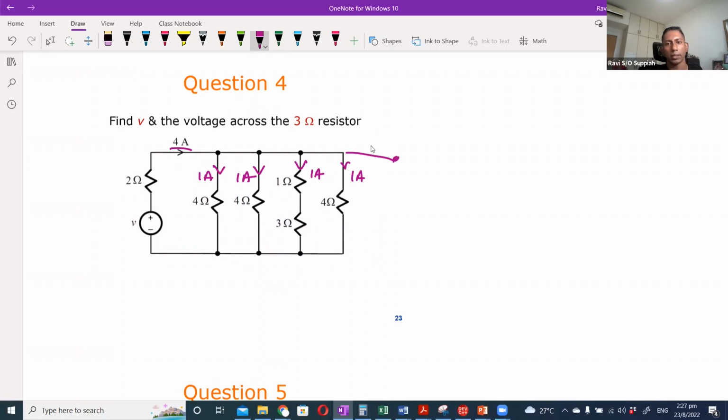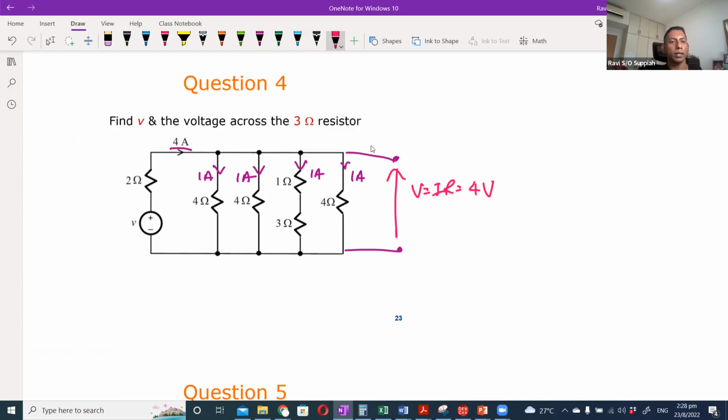Because all these branches are considered parallel. So if I were to measure the voltage using a multimeter across all these branches, it will be V equals IR, correct? Which should be equal to 4 volt. That is, if I measure across any of these 4 branches because they're all parallel.